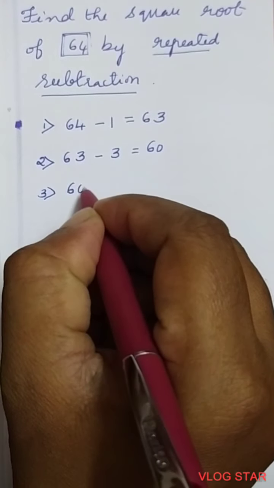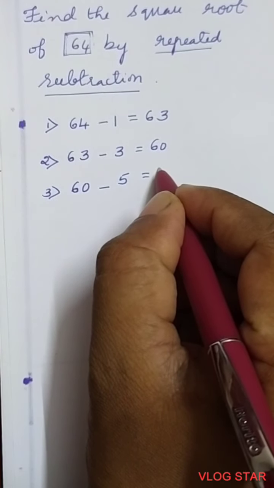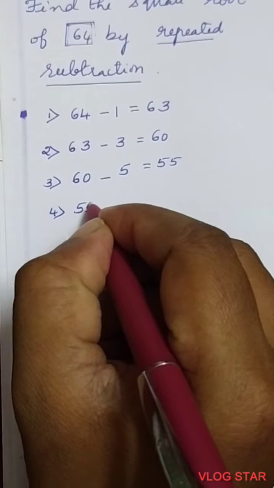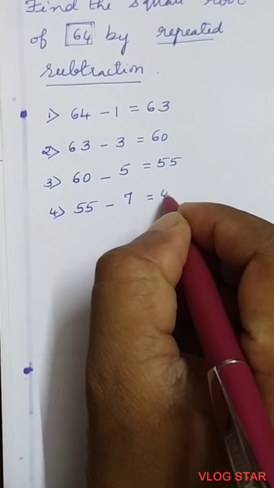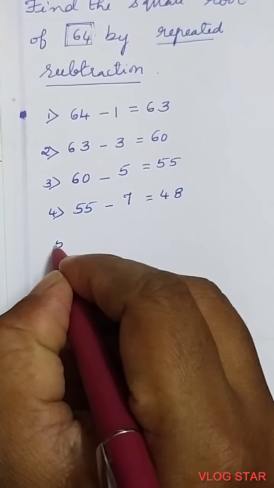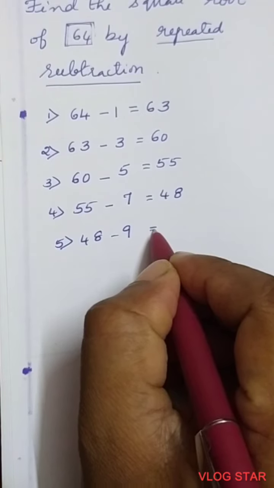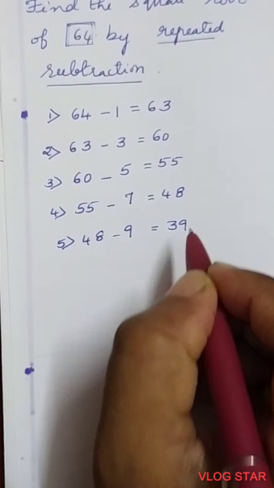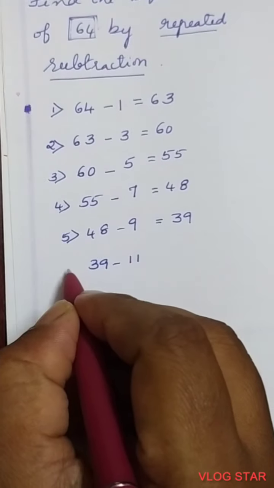Third step, 60 minus the next odd number 5 gives 55. Then 55 minus 7 is equal to 48. Next, 48 minus the next odd number 9 is 39. Then 39 minus the next odd number 11 is 28.